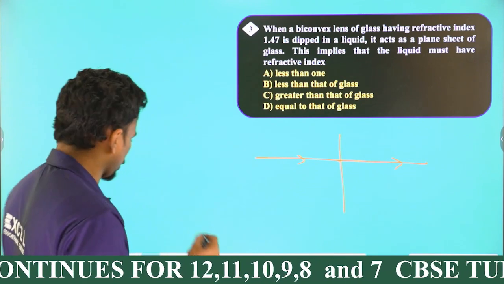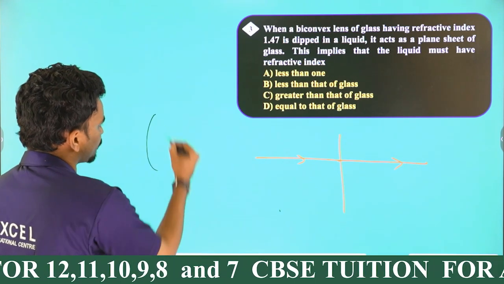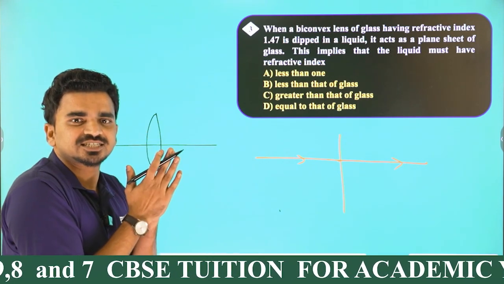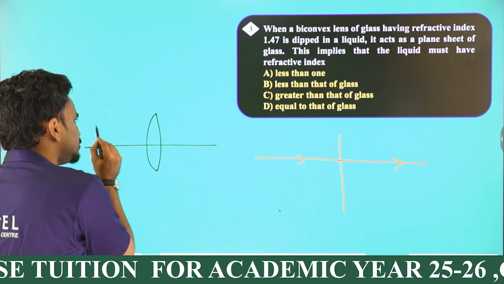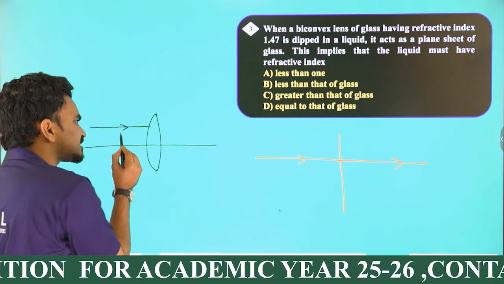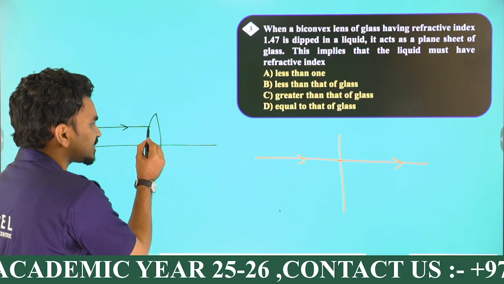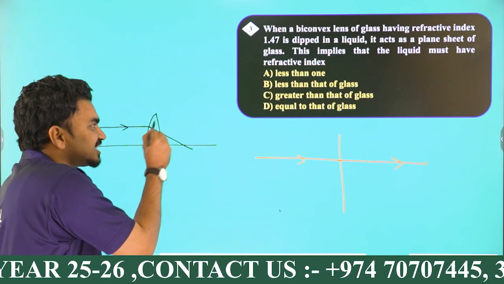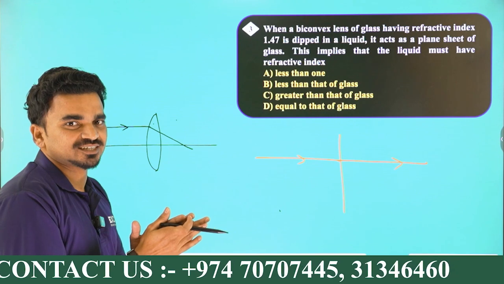But we have a convex lens, right? So when this convex lens acts as a plane sheet, which means, usually we know when a parallel light ray strikes, it tries to converge, right? Why does it try to converge? Because the inside of the lens and the outside of the lens have different refractive indices.